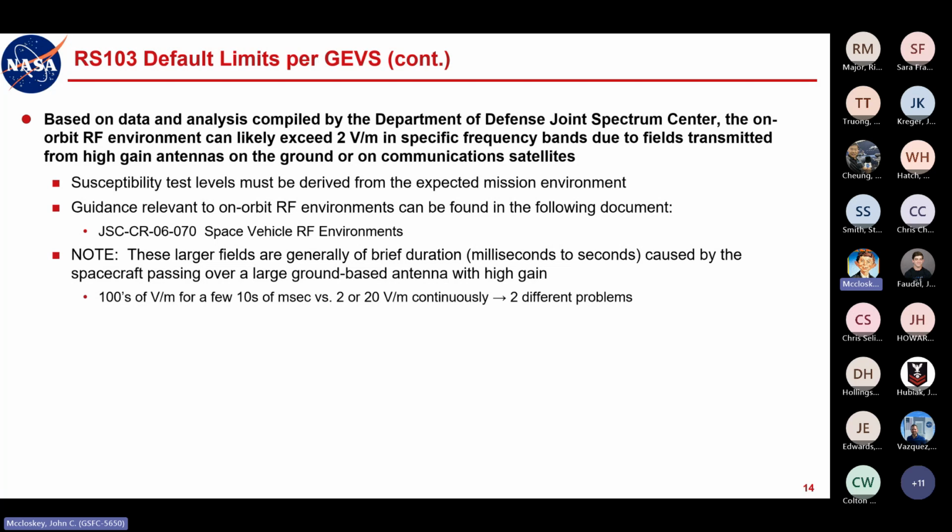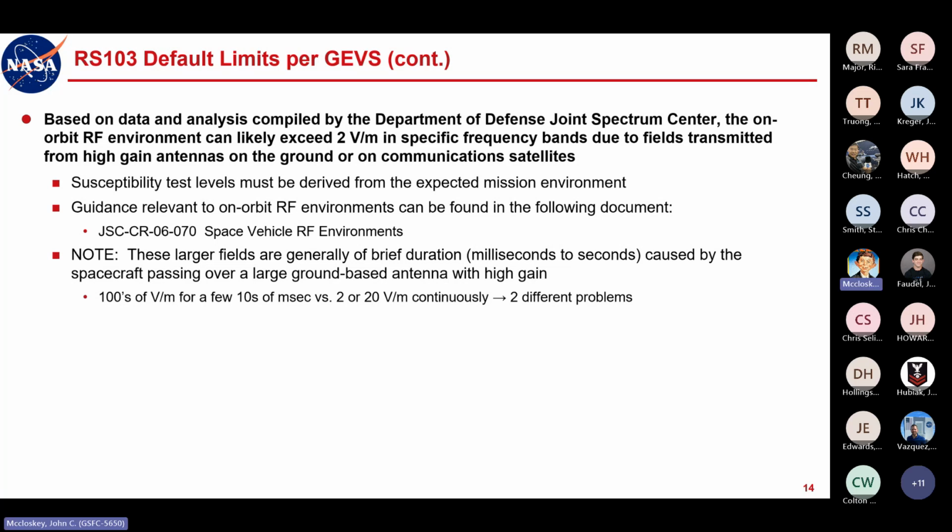So even if you're seeing possibly hundreds of volts per meter, it's for maybe a few tens of milliseconds. Hundreds of volts per meter for a few tens of milliseconds versus 2 or 20 volts per meter continuously are two different problems.